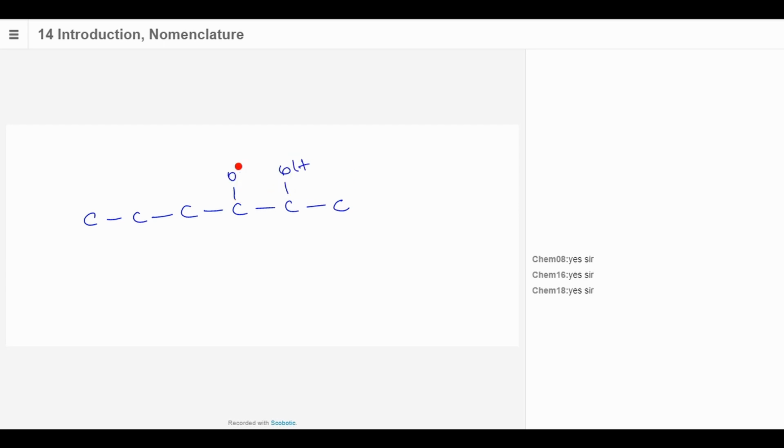Let's see how you can name this one. This is C2H5, CH3, and then CH3 here, and C2H5 here, and the CH3.